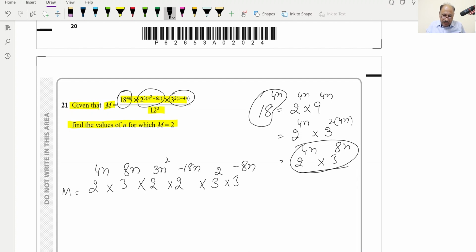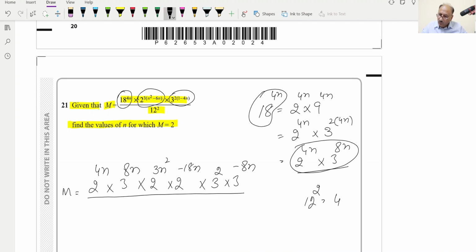And so powers I have separated, and this one, denominator 12 raised to the power 2, we can write as 2 into 3 and 2 raised to the power 2 and 3 raised to the power 3, basically 2 raised to the power 4. So this will be what?